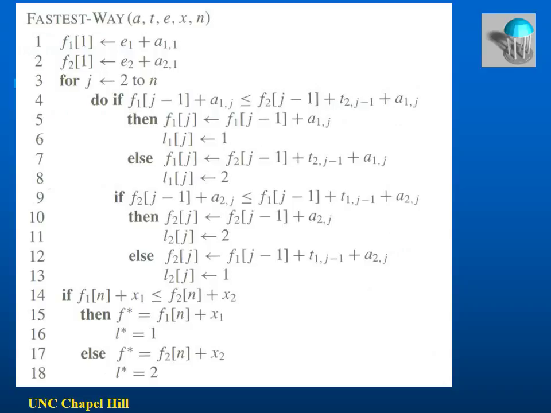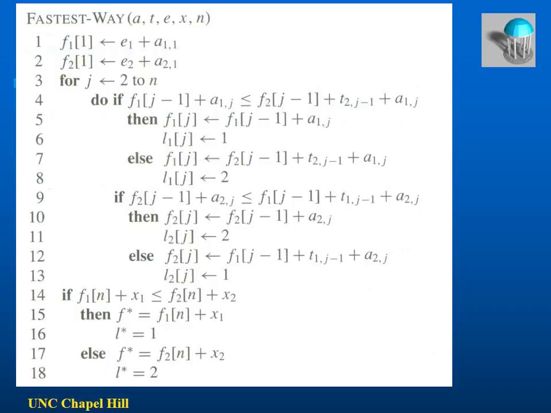There is an error, I believe, in this statement of the algorithm. The subscript on L, the 1 subscript and 2 subscript respectively, should be deleted and simply should say L of j in all cases. In any case, this L array stores the result of on which line you're going to do stage j.